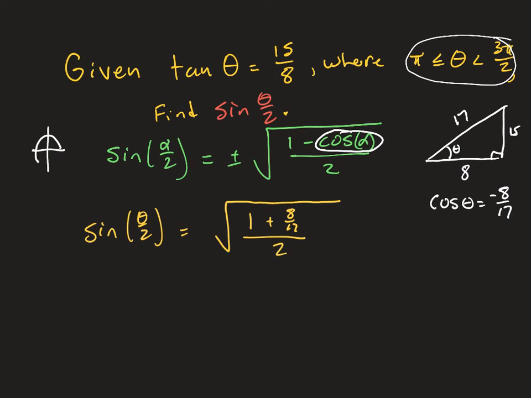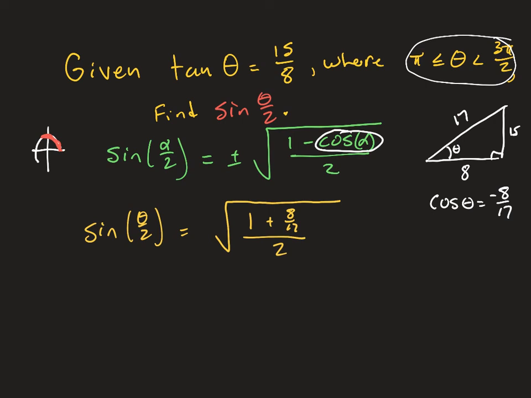Now, let's decide, do we need the positive square root or the negative square root? If my angle for theta is this white arc, half of that is going to be somewhere up here. And that means the sine is positive. So for our particular angle, we need the positive square root. So I'm going to leave the minus sign off of this one.